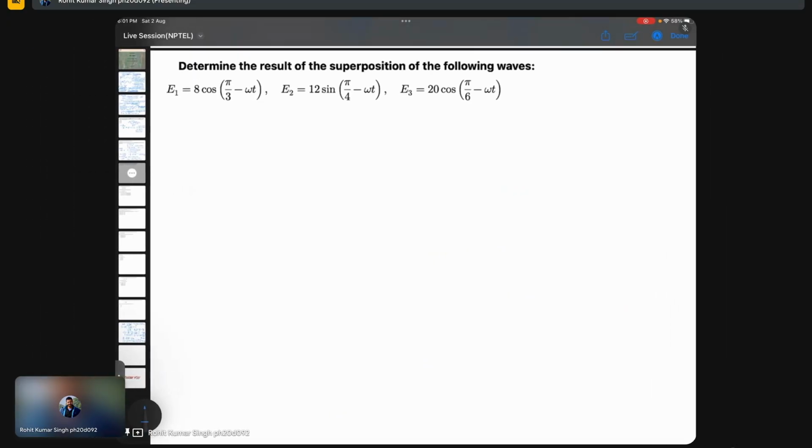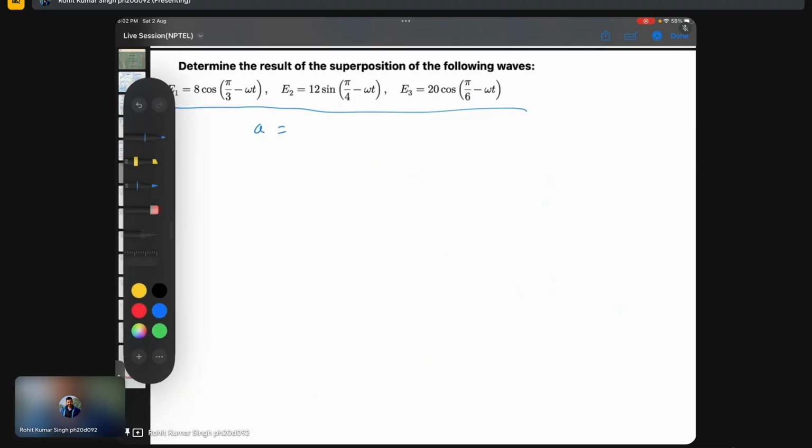Now instead of two waves, we have three waves, and we have to find the superposition of these three waves. But the idea is the same. If you have 3 or 4, it doesn't matter, you can use the same formula. So the general formula is this.